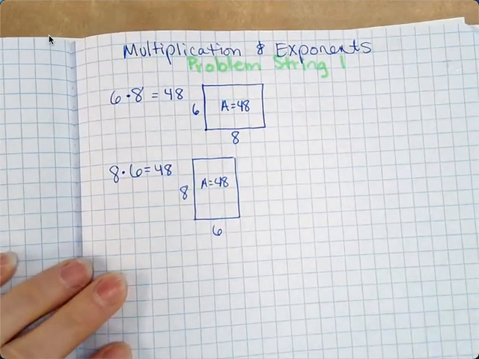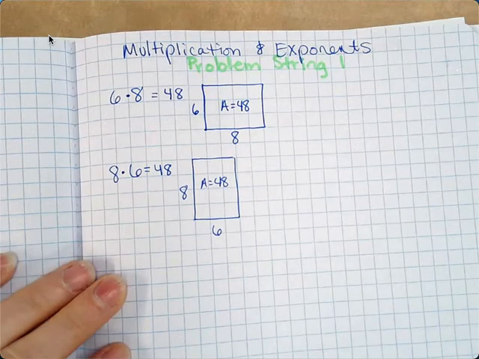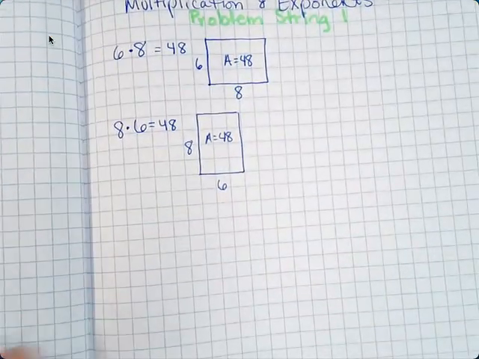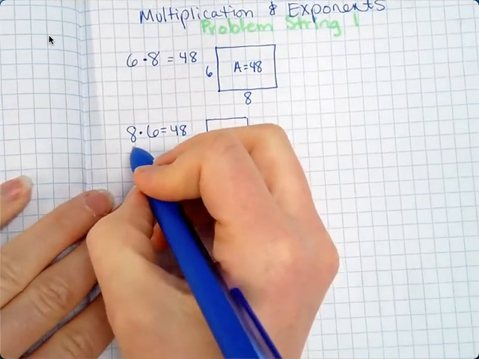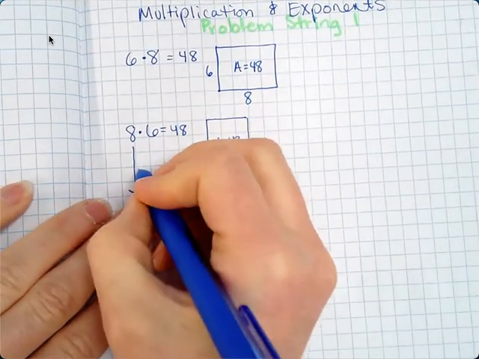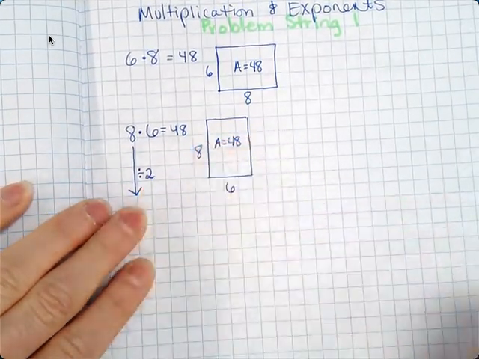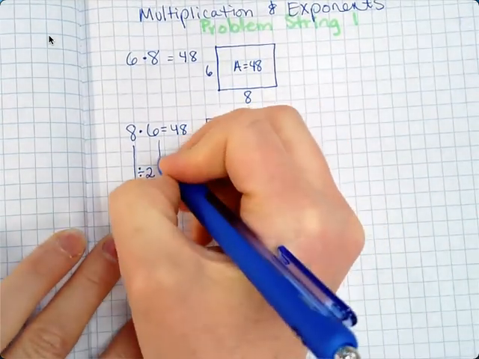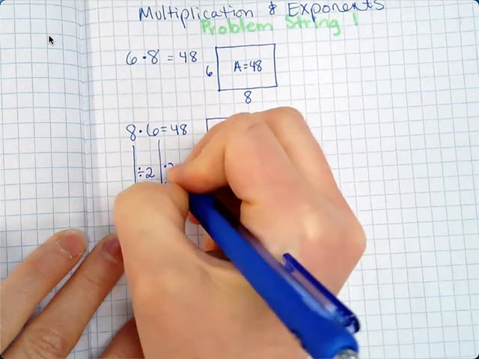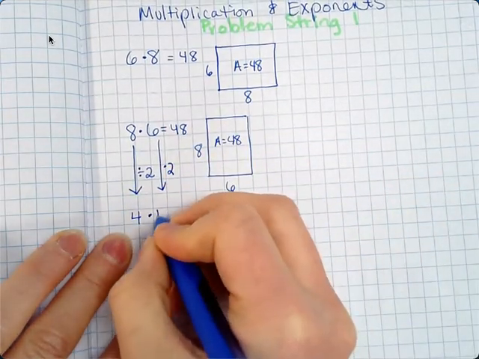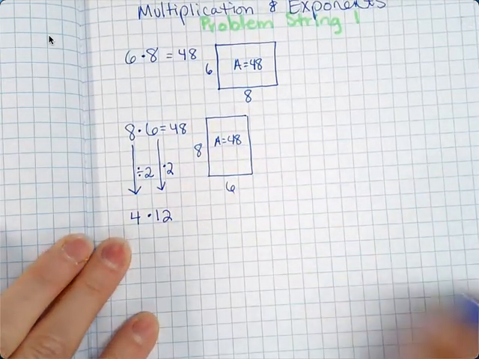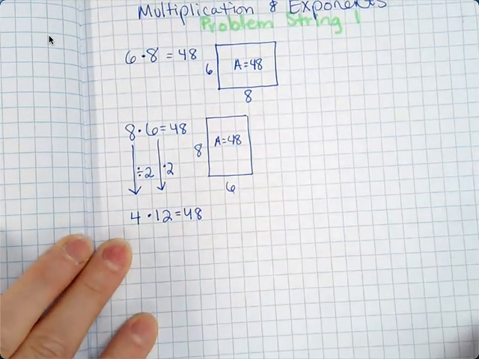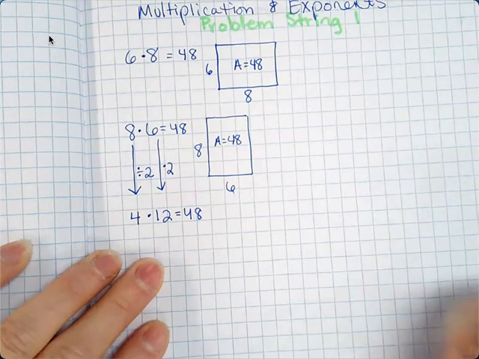Okay, so let's think about how we could also get 48, but using 2 different integers. So what if I take 8 and I divide this by 2? It's 4. But then I take 6 and I multiply by 2. 12. What is 4 times 12? 48. So let's do that area model.